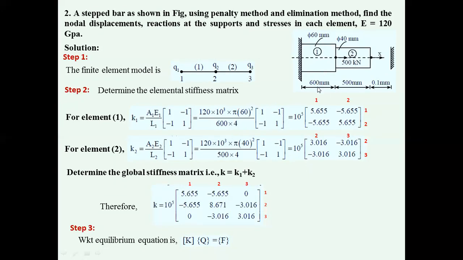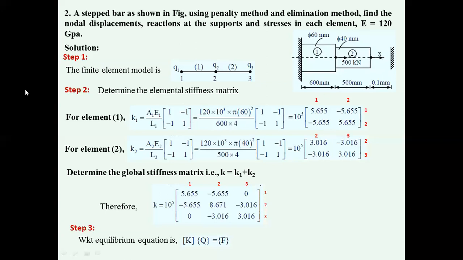The length of this is 600 mm, and the length of this is 500 mm. But when you see here, there is a gap. The distance of that gap is 0.1 mm. That means at this free end of the bar, it is allowed to have a displacement of 0.1 mm.